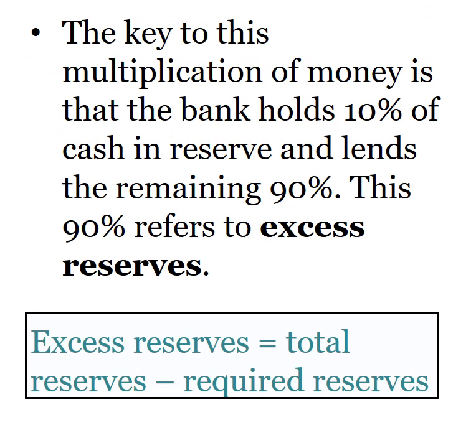The first step to the multiplication of money when banks create money is to really be clear on what excess reserves are. So reserve requirements are set by the Federal Reserve. And so the total reserves are the amount of money the bank is holding. And you can subtract the required reserves, the amount that they have to hold.